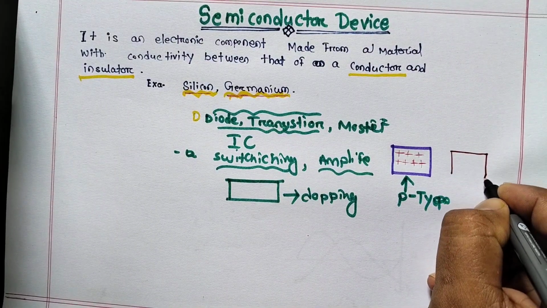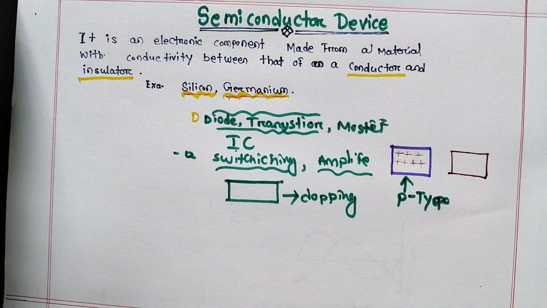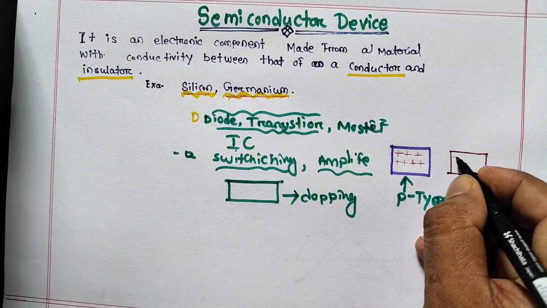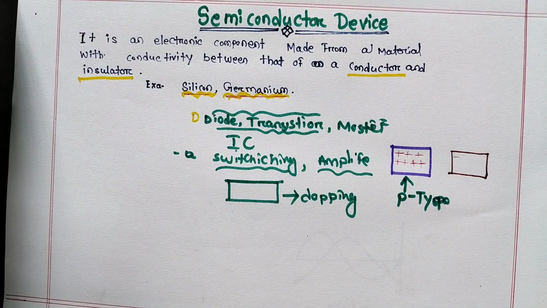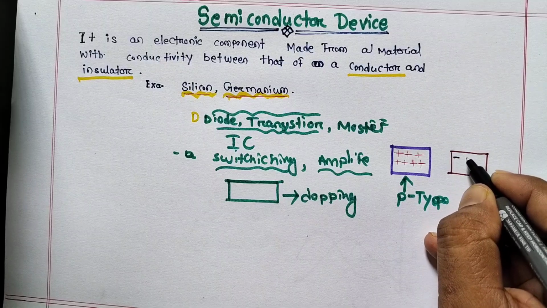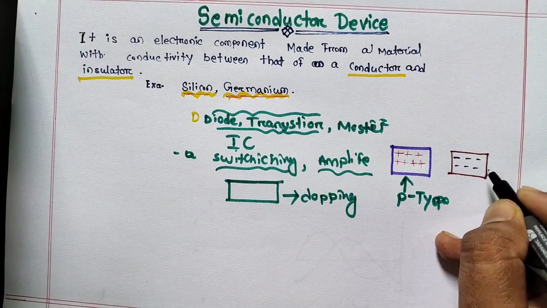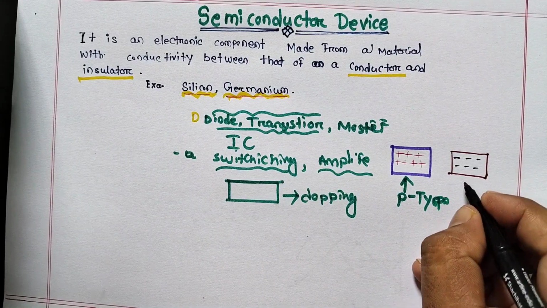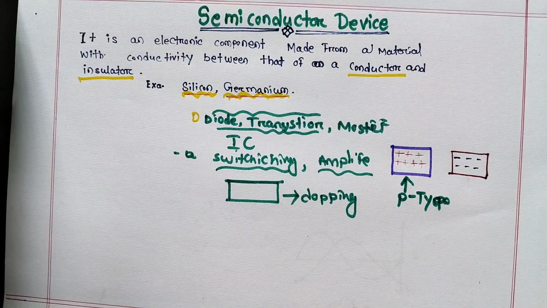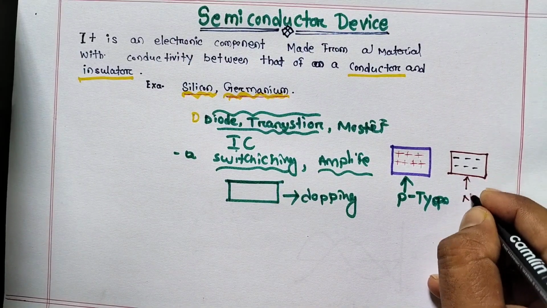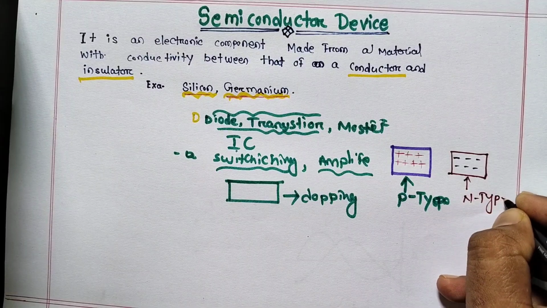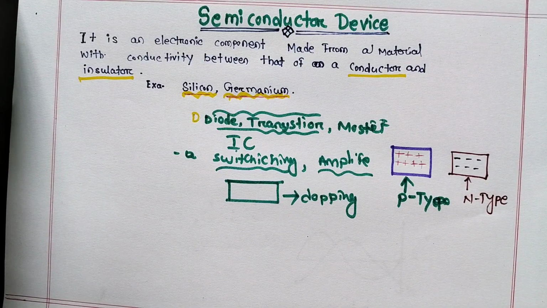If I add more negative impurity, or electrons, to the semiconductor material, silicon or germanium, this is called N type semiconductor. By using those two, P and N type, we can make different circuits.